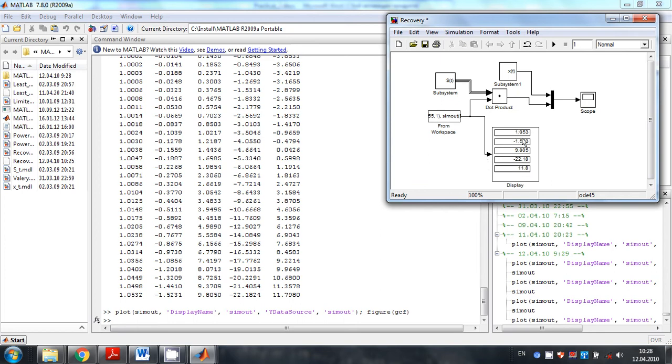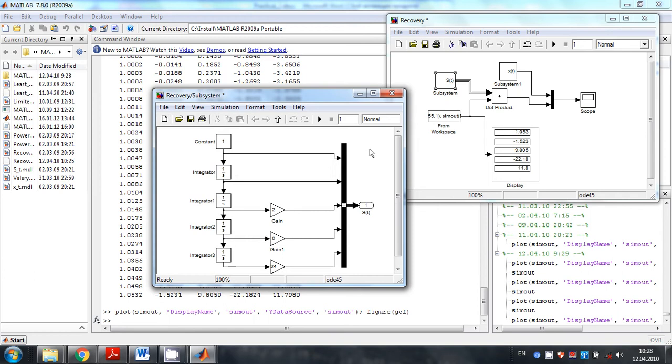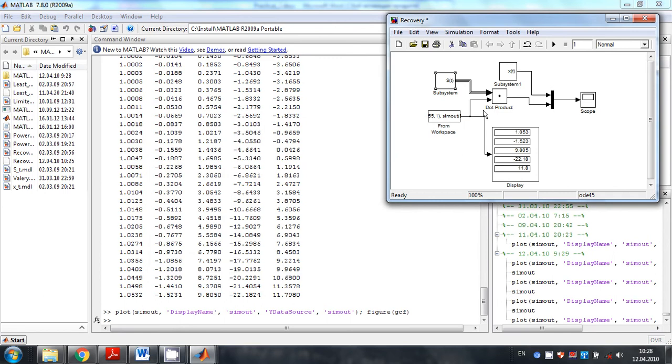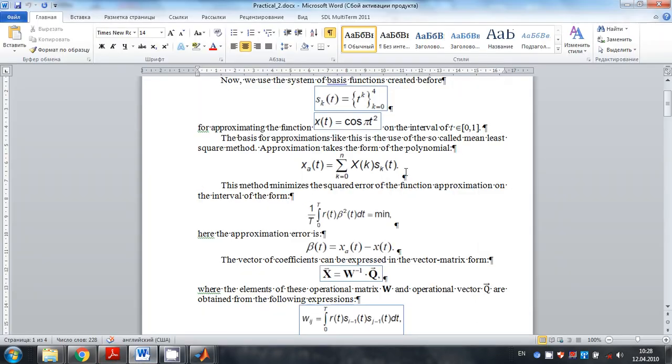So what happens next? We've got this system of basis functions outputted by the same previously created subsystem of basis functions. Now, to generate this polynomial, instead of doing individual multiplications of every coefficient by the corresponding basis function and summing them up, we use the matrix product, which is called the dot product.